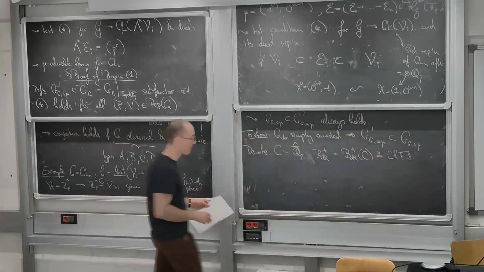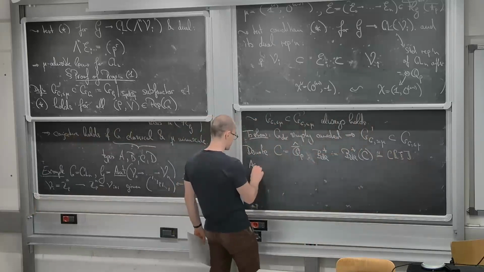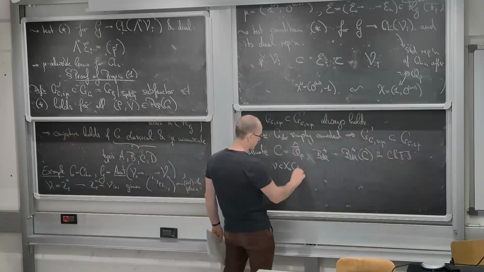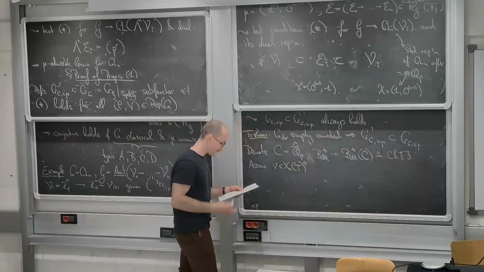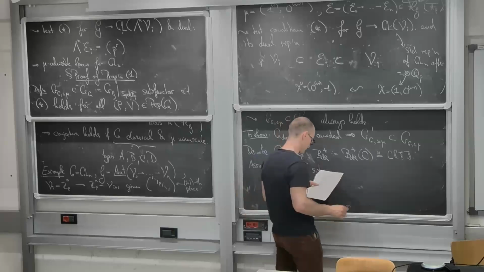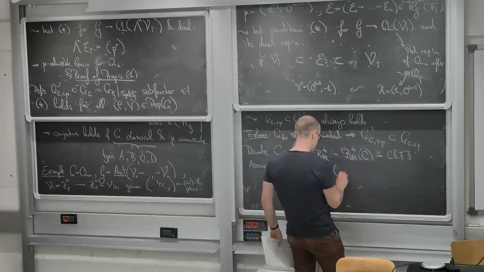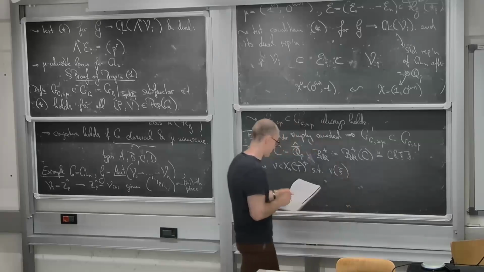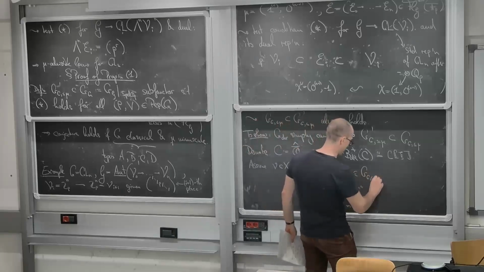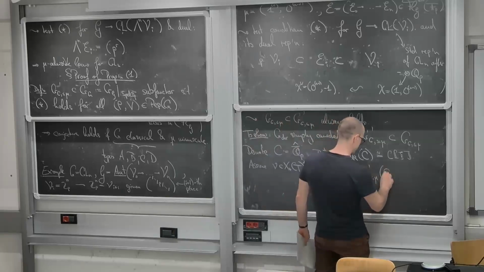And let's assume we have some dominant co-weight such that after evaluating the dominant co-weight, we lie inside our prime functor.